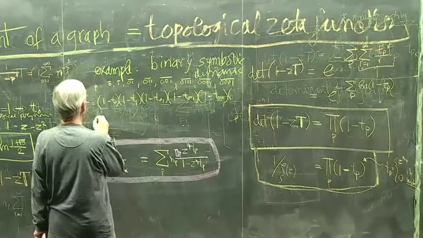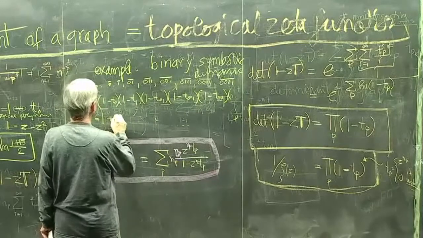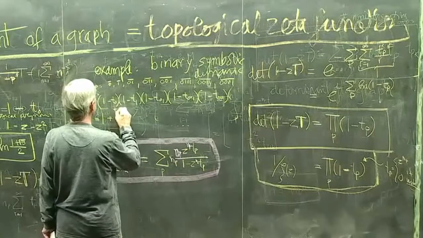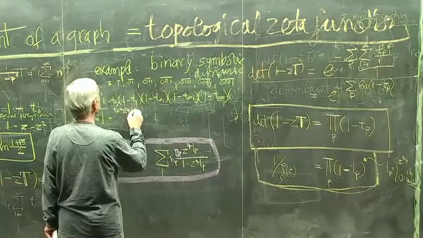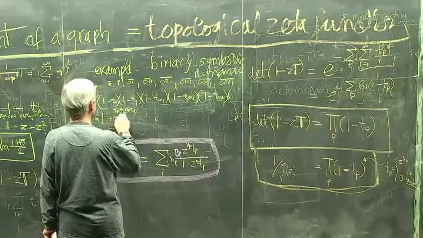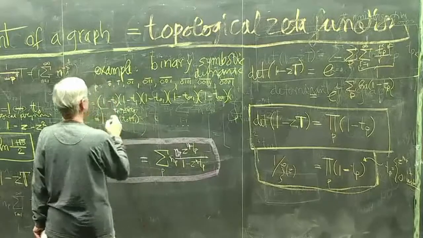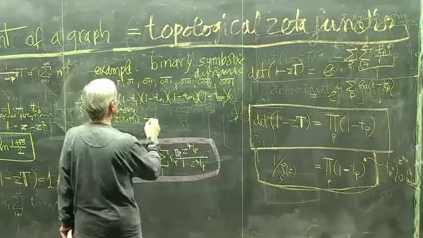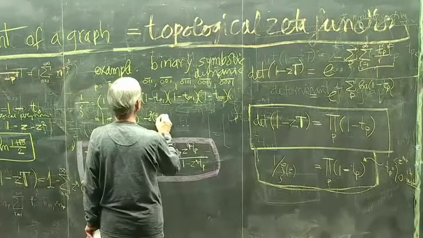Now I start multiplying it out, so there's always a term that's 1. Then there's a term which is of order z, so if I explicitly write tp as z to the np times tp, I pull the generating functional weight out. Then I have z times t0 plus t1, and there's a minus sign. Then at the cycle length 2, I have this guy, so I have z squared t01.